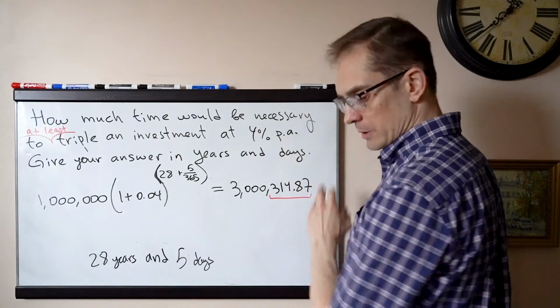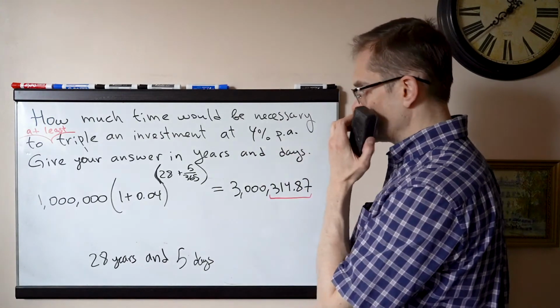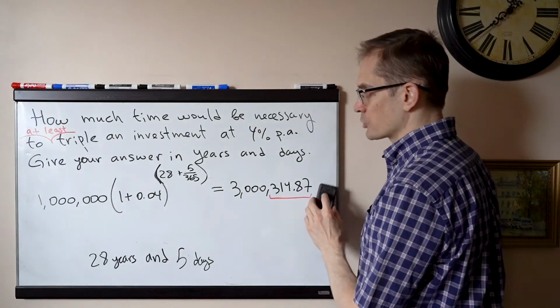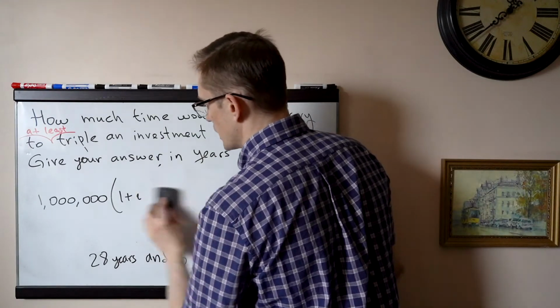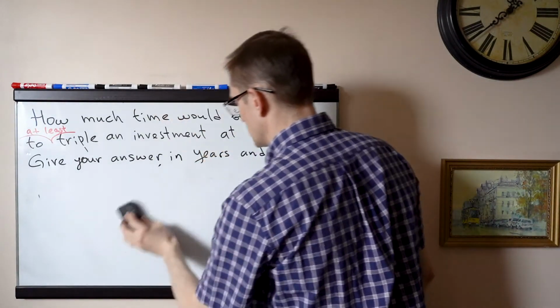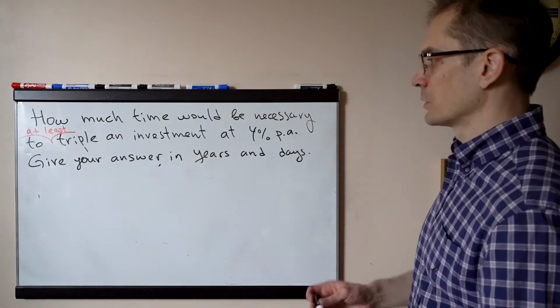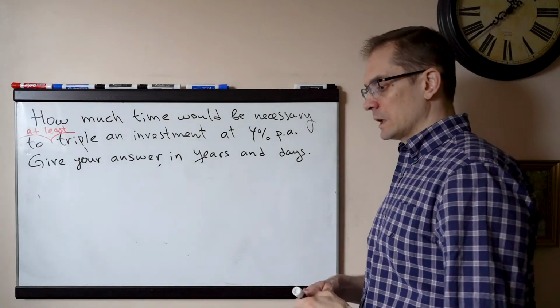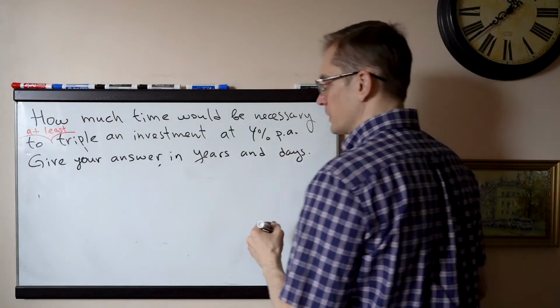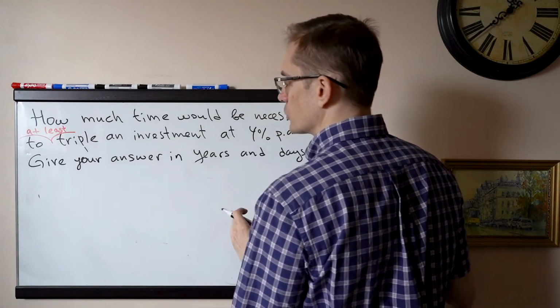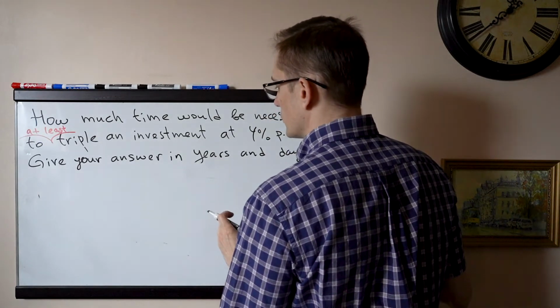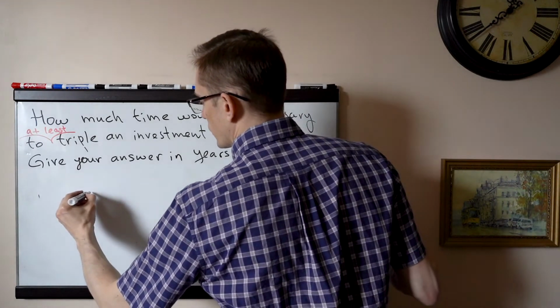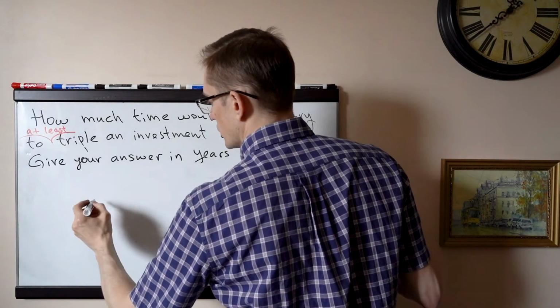So in this problem we assume it's a simple rate. I just want to show you how you would change your solution if it was a simple rate, not a compound rate, right? Now, because it's a simple rate, you want to triple your investment, which means that you want to go from $1 to $3, right?